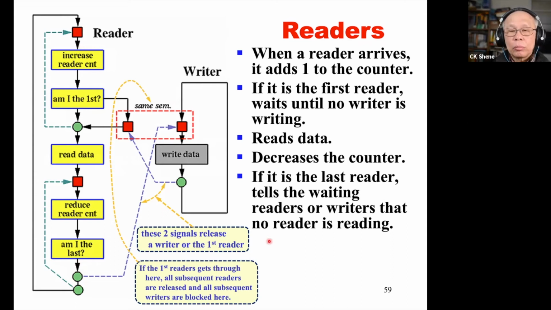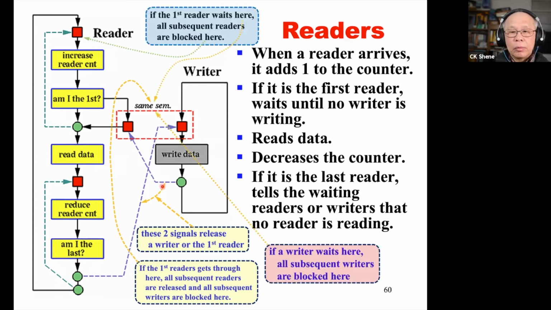So this version of the readers and writers problem, the reader priority version, puts all the burden on the reader to increase the count, to release the writer, decrease the count, to release the writer, and so on.